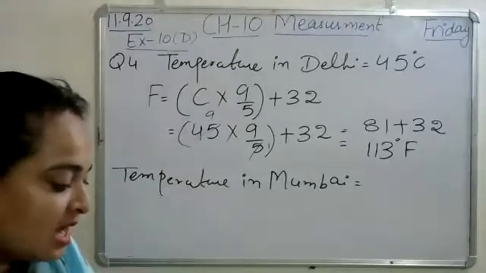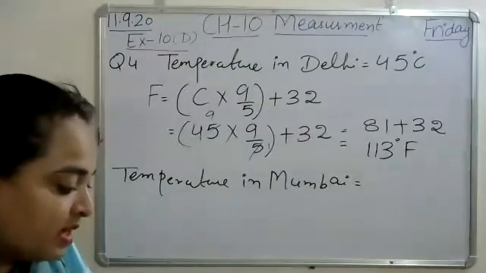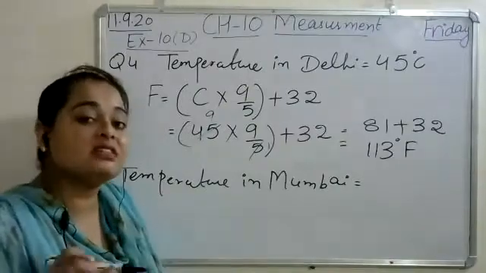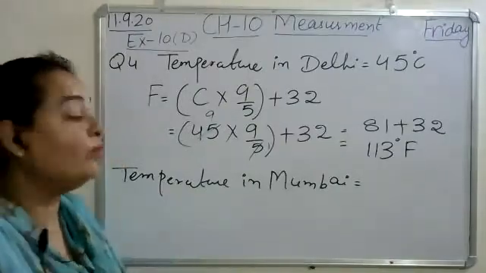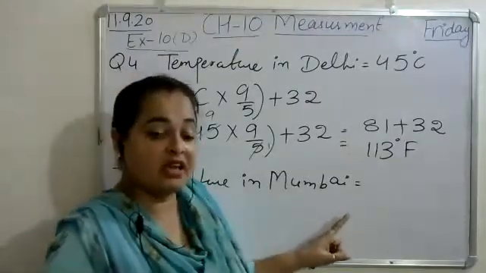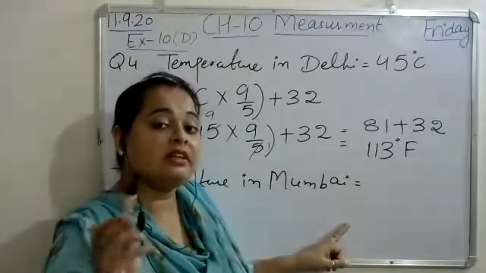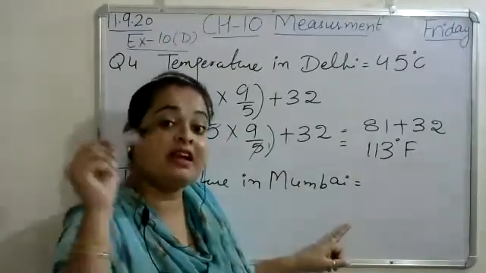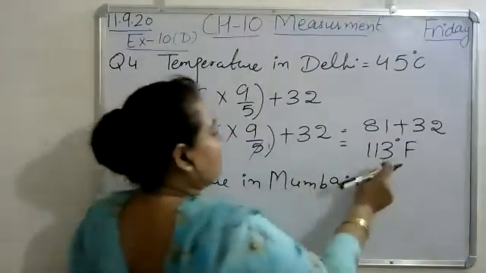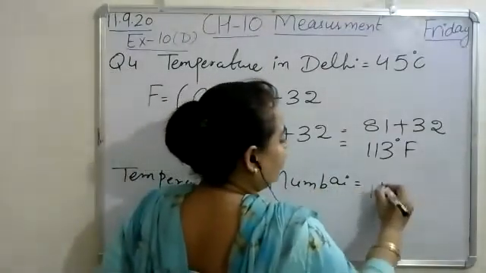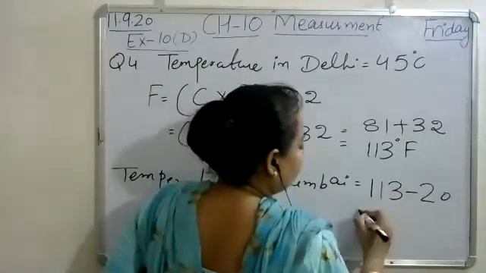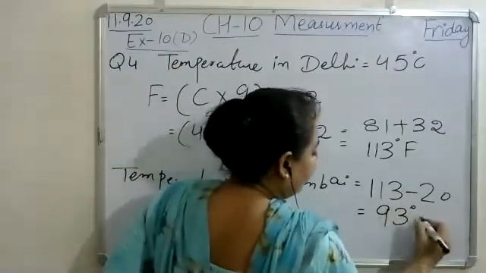Very good, Samriti Dev. Less is the indication of minus. So the temperature in Mumbai is 20 degrees Fahrenheit less than Delhi. So this is the Delhi temperature, 113 minus 20, so 93 degrees Fahrenheit.